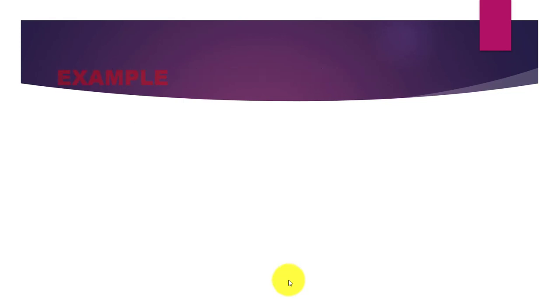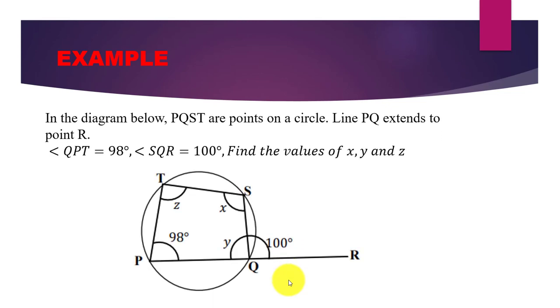So let's pick an example under this theorem. We have an example on the screen. A very nice question. The question says that in the diagram below, P, Q, S, T are points on a circle.